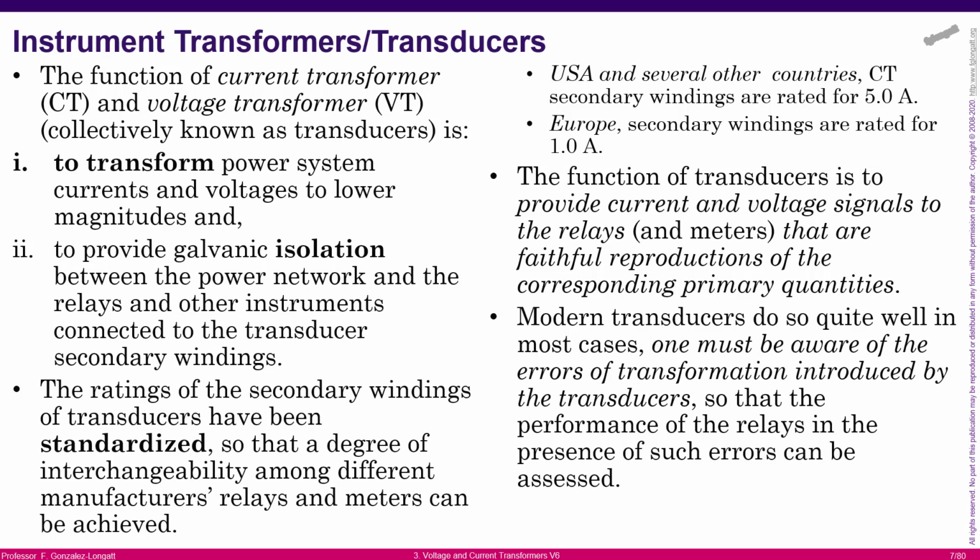However, what is interesting to say is that, for instance, in the case of current transformers in the United States of America and also several other countries, the current transformers are standardized for a secondary current of 5 amps, and the situation is a bit different in Europe.